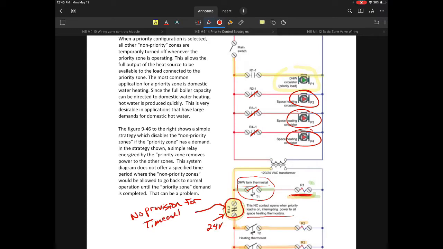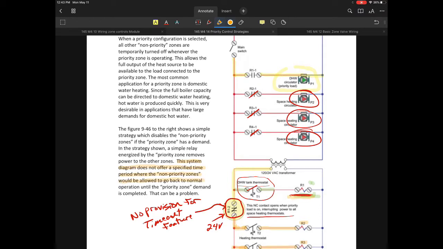So this is something you have to be aware of, that in this diagram there is really no provision for what I'm going to call a timeout feature, if that makes sense.